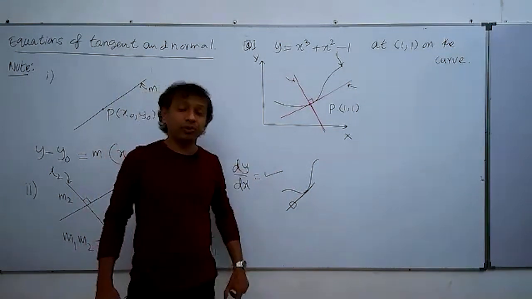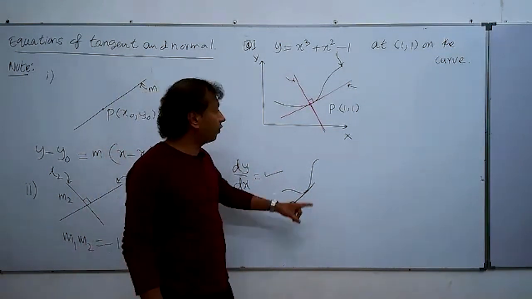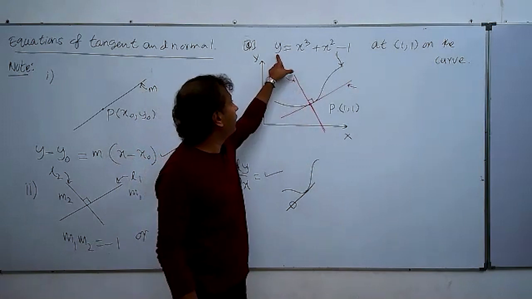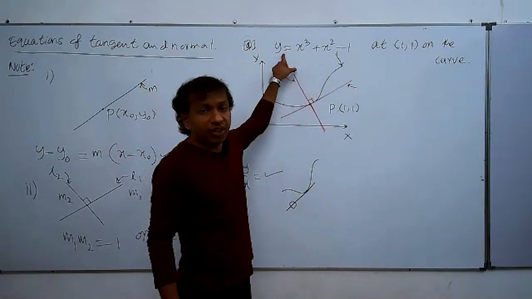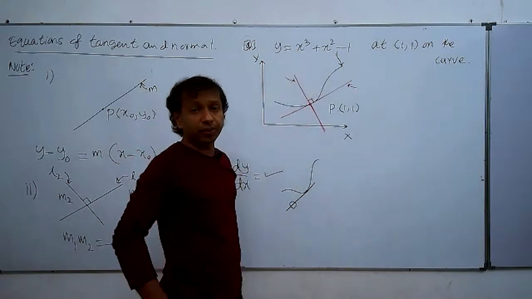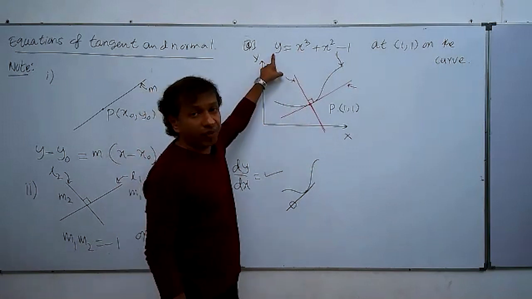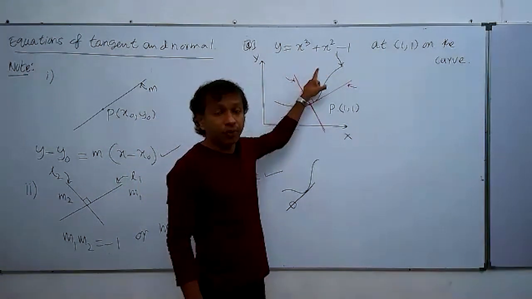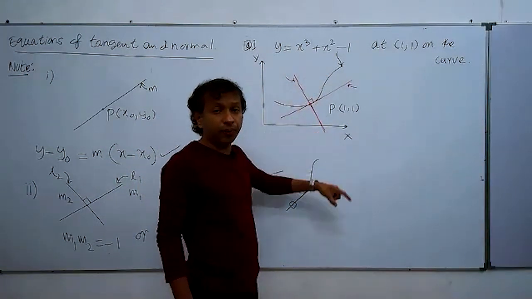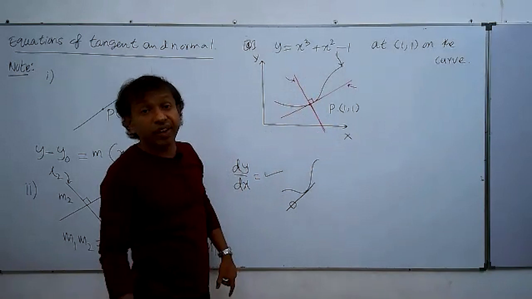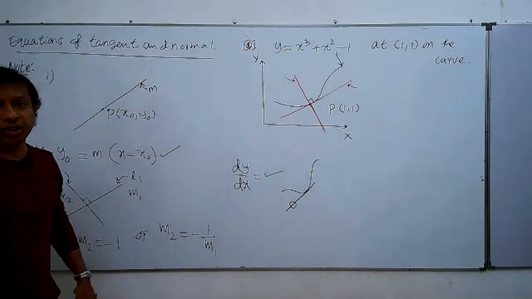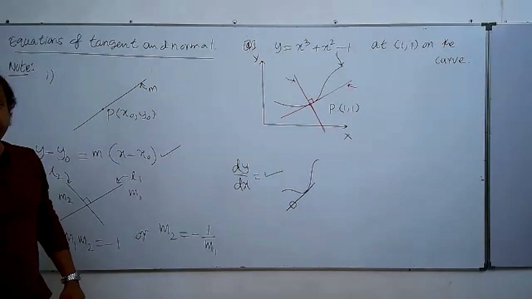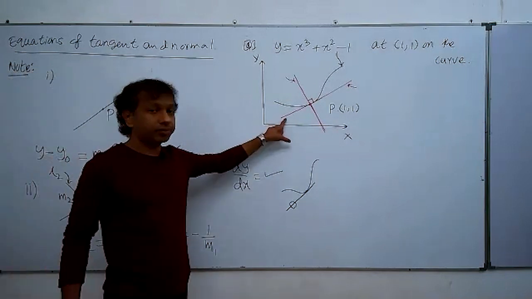That also we proved. Then, people, to find the gradient of this tangent, we have to differentiate y with respect to x and find dy by dx. Dy by dx is the gradient. After differentiating, on the right hand side put in x equals 1, because we need the gradient at that point. Putting that 1 on the right hand side, we find the gradient of this tangent.